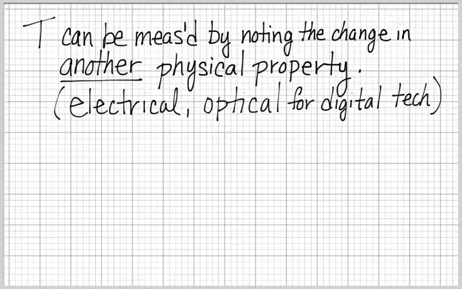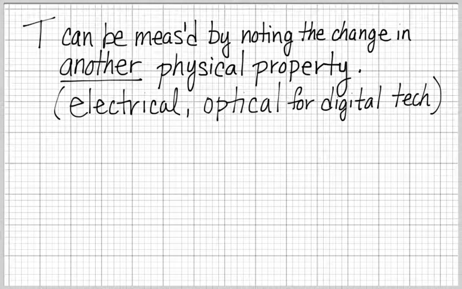If temperature is this complicated concept of partial change of energy with respect to partial change of entropy, yet we have a societal norm of measuring temperature, what we're actually doing is measuring another physical property to code break our way to what is temperature.